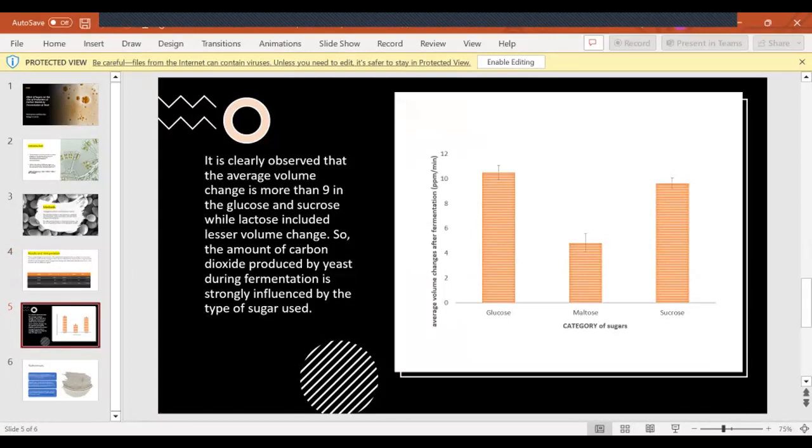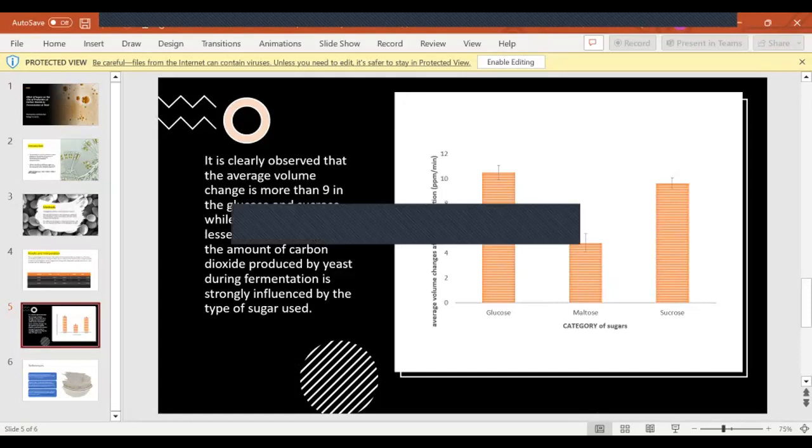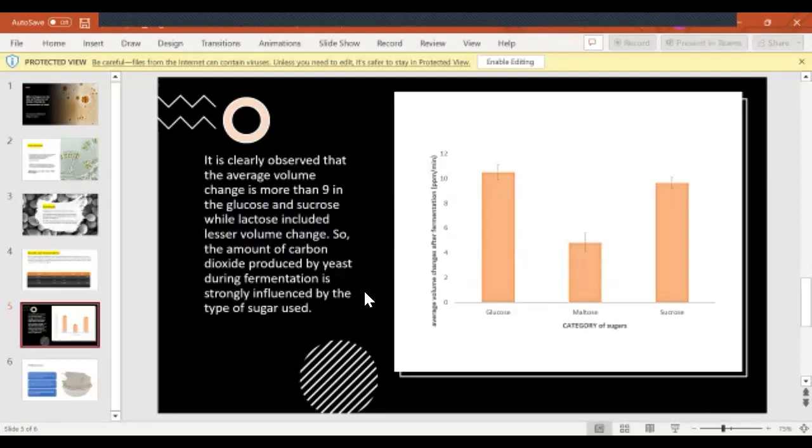But you can see on the x-axis that maltose changed a bit lower. The change in volume is less. So we can analyze from this figure that maltose has little effect as compared to glucose and sucrose. So the production of CO2 is less in maltose and more in glucose as well as sucrose.